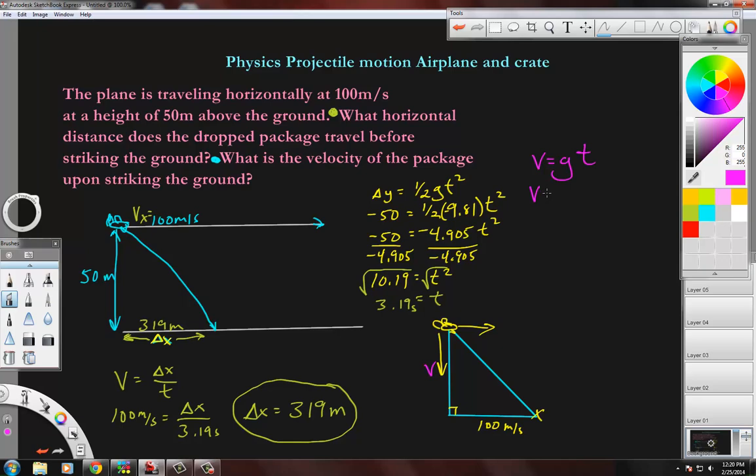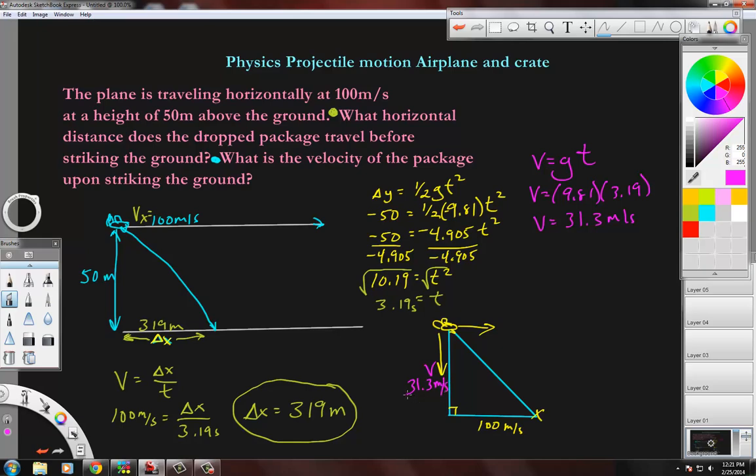So if we know a time interval, we'll be able to figure out its falling speed going down, its component vector pointing down. And that's 9.81 times the time, which is 3.19. All right, and that is 31.29, so I'm just going to call it 31.3 meters per second. So that would be this, 31.3 meters per second.